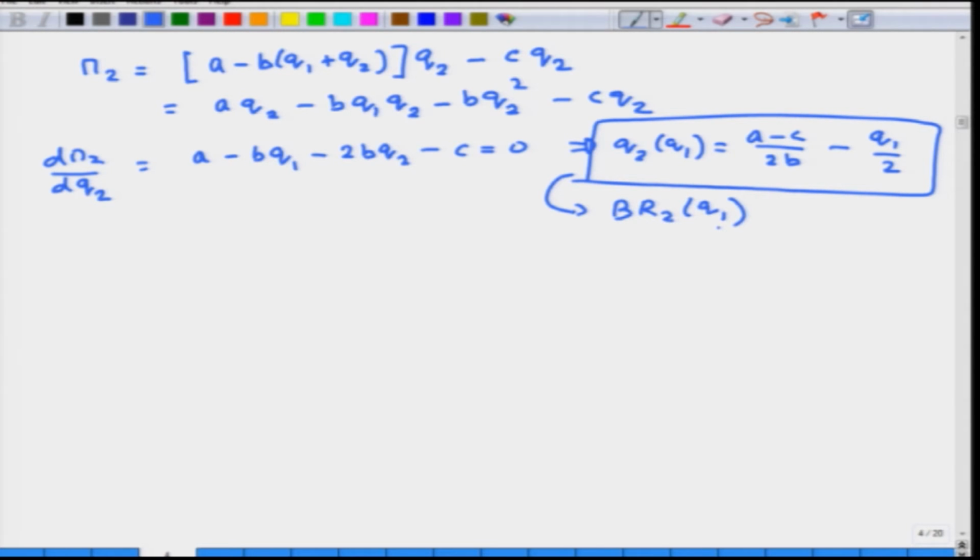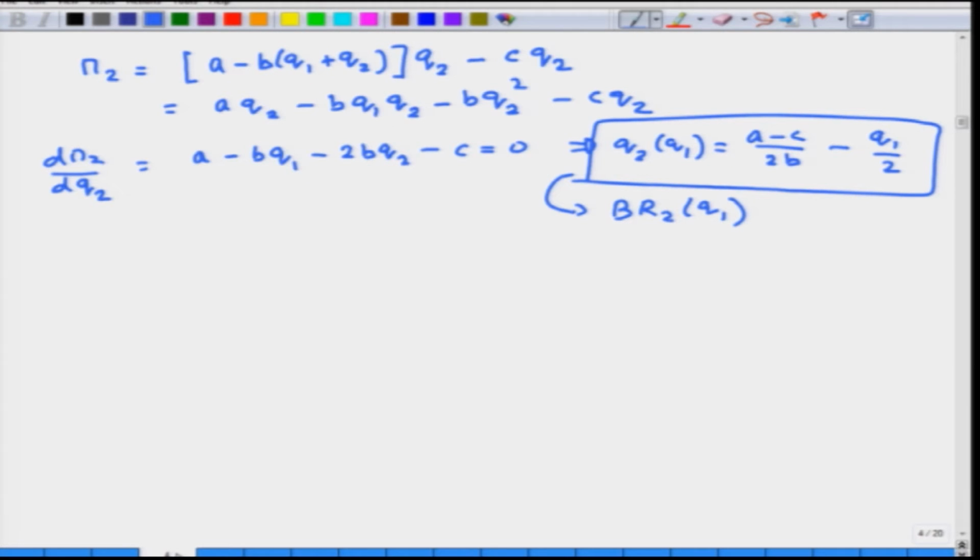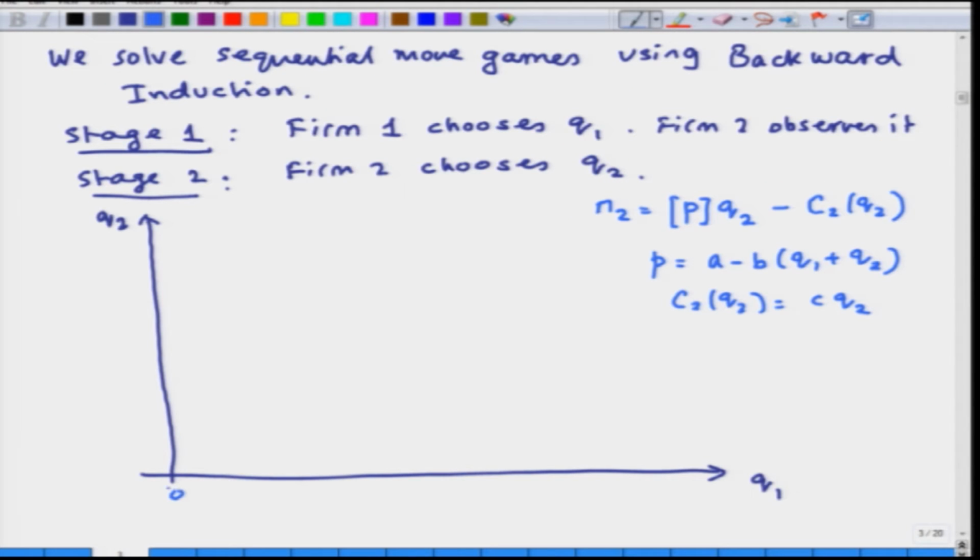And if I were to plot firm 2's best response function, when Q1 is 0, essentially firm 2 is the monopolist and produces the monopoly output (A minus C) divided by 2B.